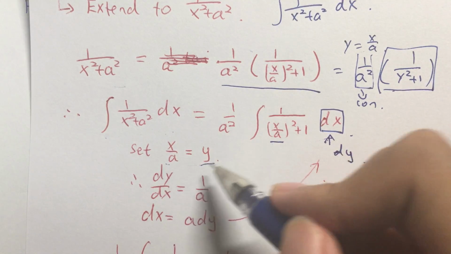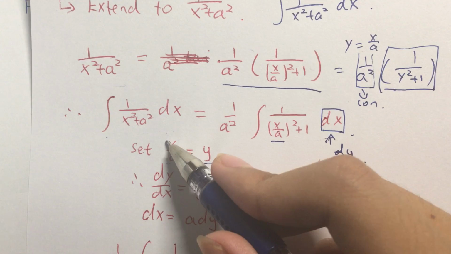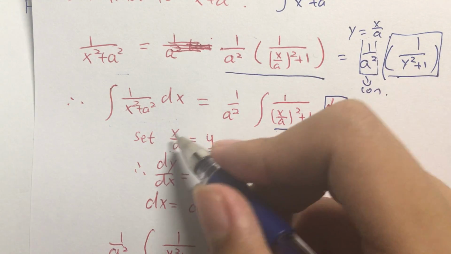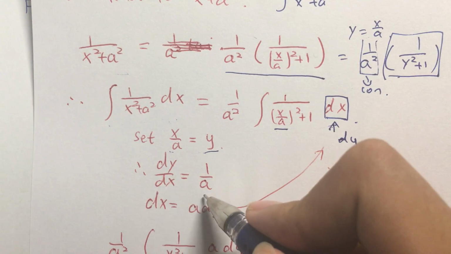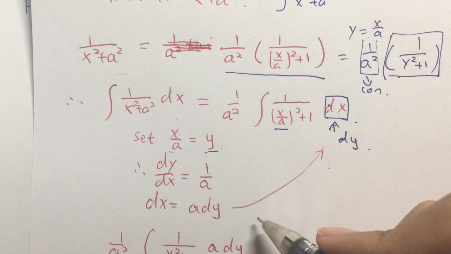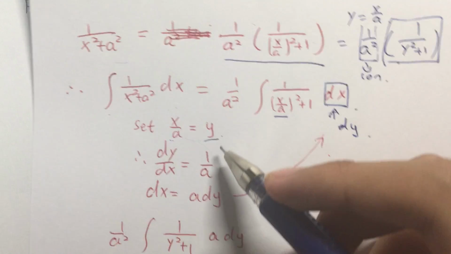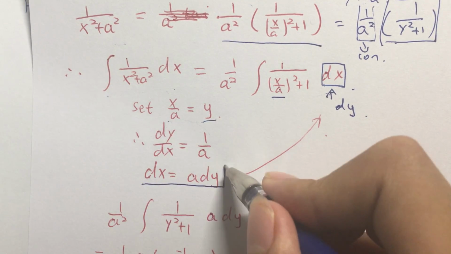So now let's change. We have x over a equals y, then this is a function, right? So we can do differentiation of this function, and we will get dy over dx, which is equal to 1 over a. And dy over dx is equal to 1 over a, so we know that dx is equal to a dy.